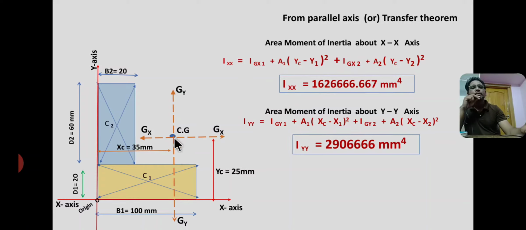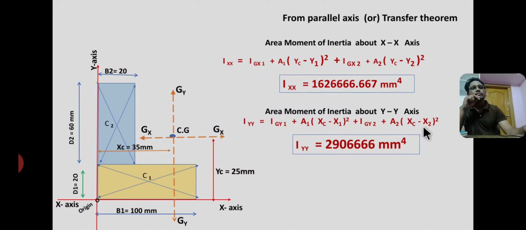Similarly the distance between centroid cz and c2 is yc minus y2. In a similar way, xc minus x1 is the distance between centroid cz and c1, that is a horizontal distance.